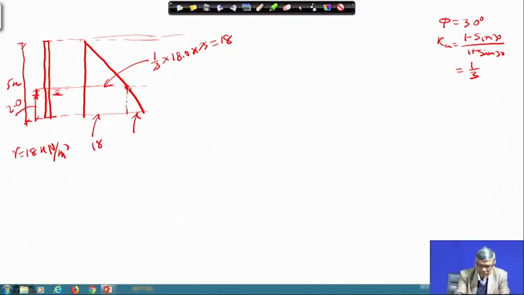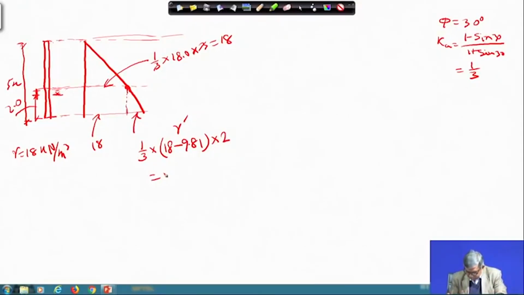This reference can be taken as 0. So, it will be ultimately K A, 1 by 3, multiplied by gamma, 18 minus 9.81, which is nothing but gamma submerged, multiplied by h equal to 2. So, this gives you the value equal to 5.46.